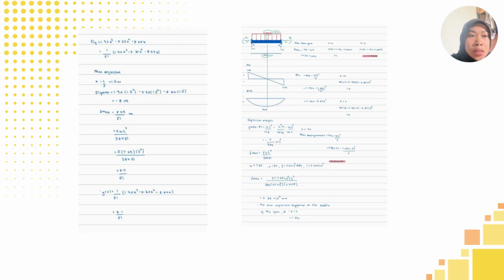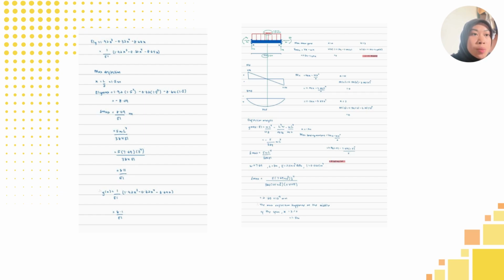From the analysis, support reactions satisfy equilibrium, maximum shear force and bending moment are within acceptable limits, bending stress does not exceed the material's allowable stress, and the deflection complies with serviceability requirements. This indicates that the beam performs safely and efficiently under the applied loading.